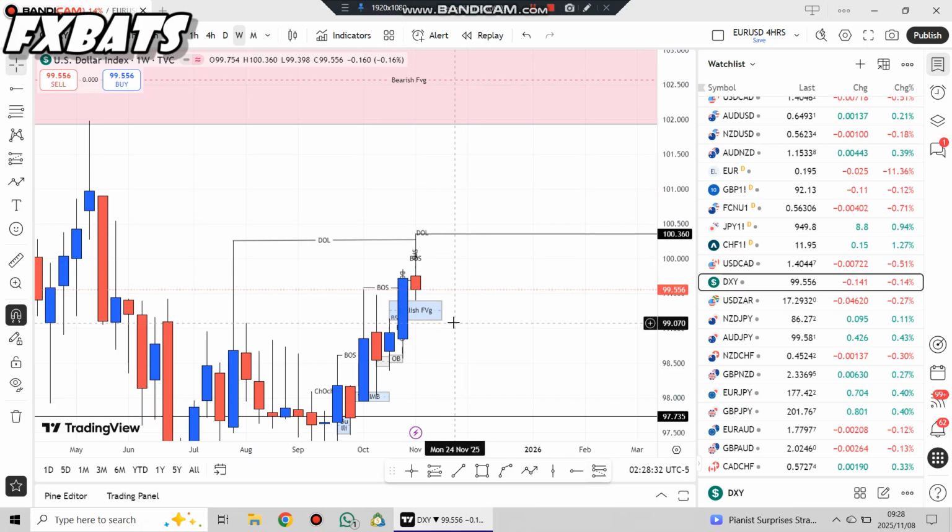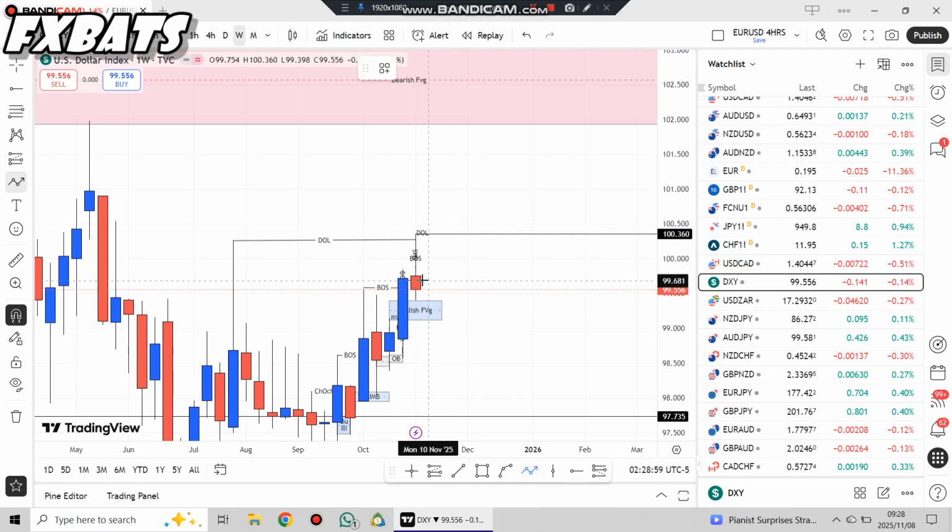So this should be our narrative. How are we going to move? If we want to buy, where are we going to move from towards the target that we have in mind? Since this is our draw on liquidity, we already have the narrative, and our narrative is a weekly bullish fair value gap.